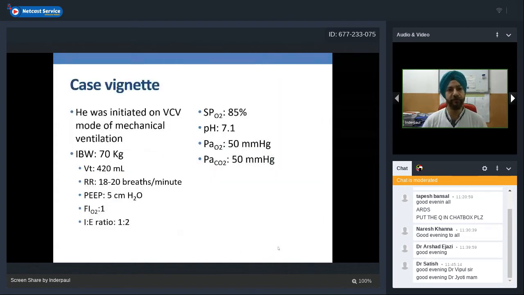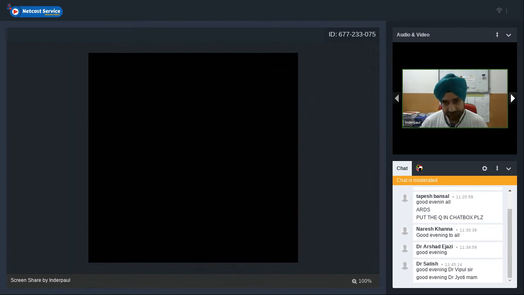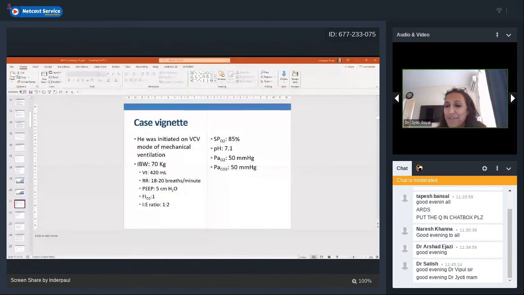Coming back to Dr. Inderpaul, before going to the management part, you have described the pathophysiology very well. Just to summarize it and make it a little simpler for the students, as we have already discussed, you have to differentiate between VQ mismatch and shunting.